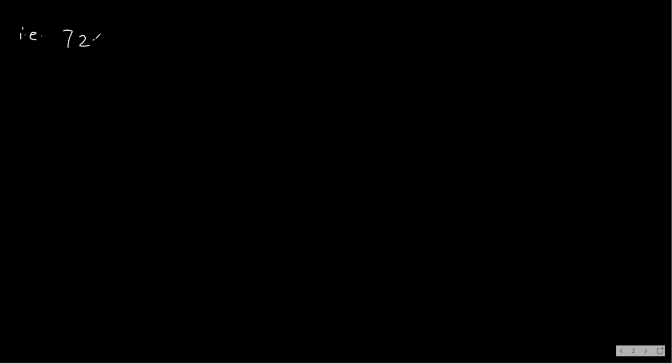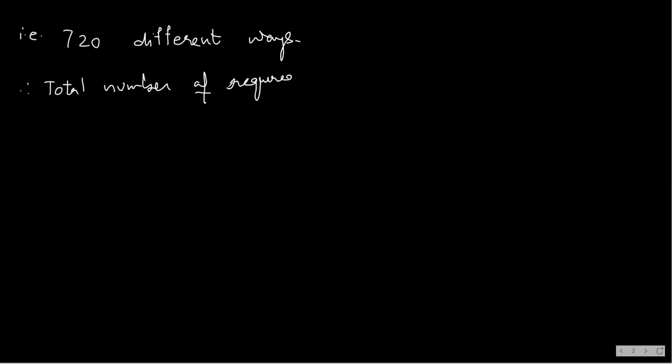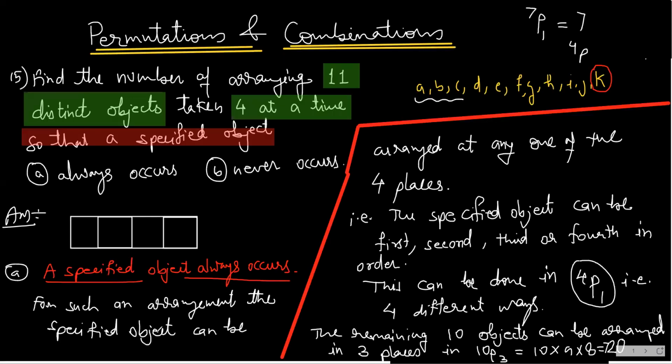That is 720 different ways. Therefore, the total number of required arrangements is equal to how much?